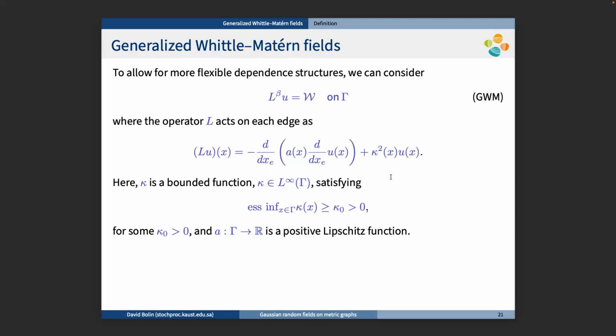Right, so this is then the extension to the generalized Whittle-Matérn fields, where we consider a similar type of fractional order equation, except now that this operator L has a parameter kappa that can vary over space, and we can also include this parameter a, kind of like a diffusion coefficient, that can also be spatially varying.